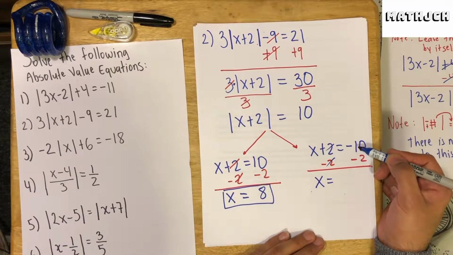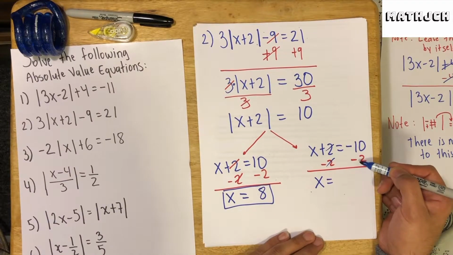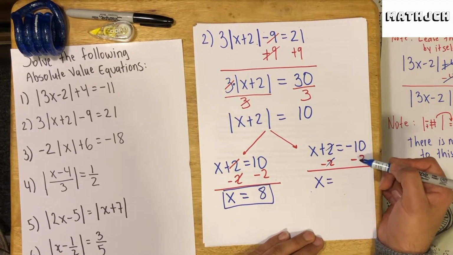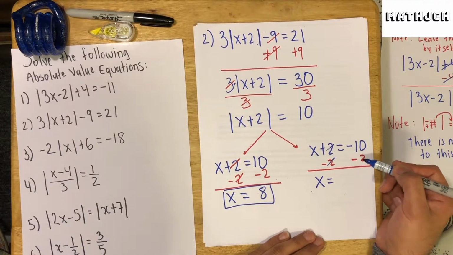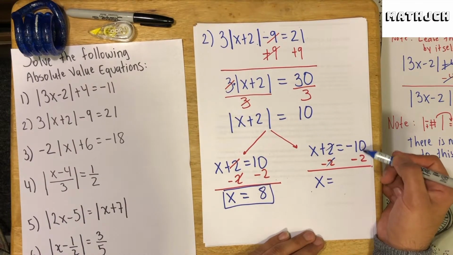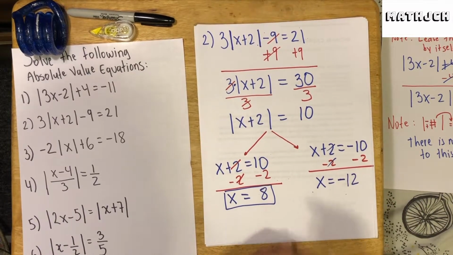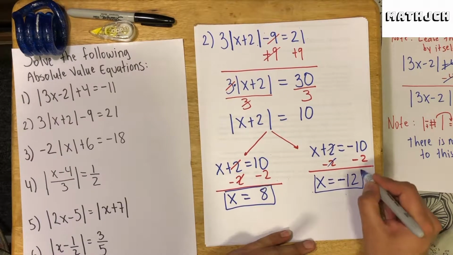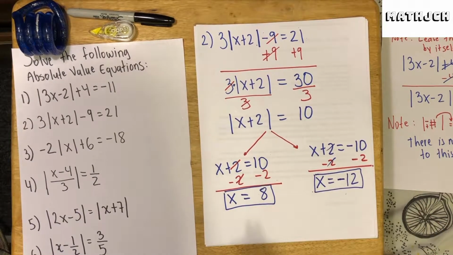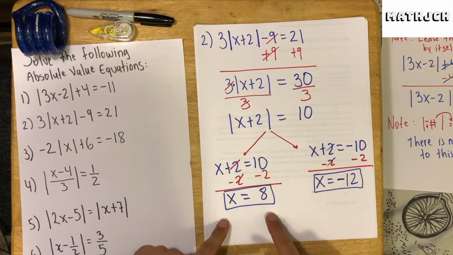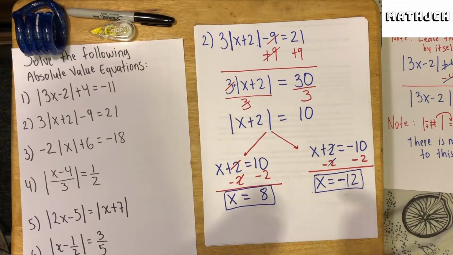Now notice here, I have a negative 10 and a negative 2. Again, 2 negatives. Add them and keep the negative sign. So that will be 10 plus 2, that will be 12, but keep the negative sign because both are negatives. So those are my 2 solutions. x equals 8 and x equals minus 12.